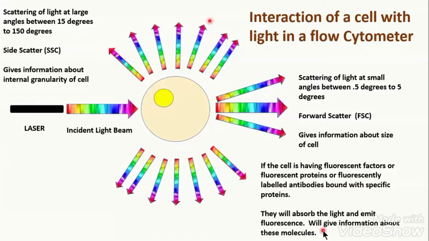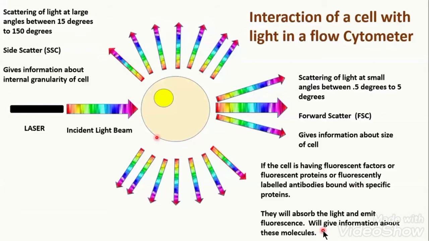So the fluorescence factor can be a natural one or can be artificial one, that doesn't matter. But these fluorescence factors will be absorbing a particular wavelength and they will be emitting a particular wavelength, and that emission of wavelength again we can detect by what?